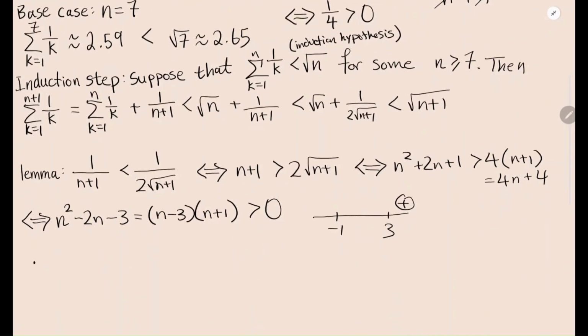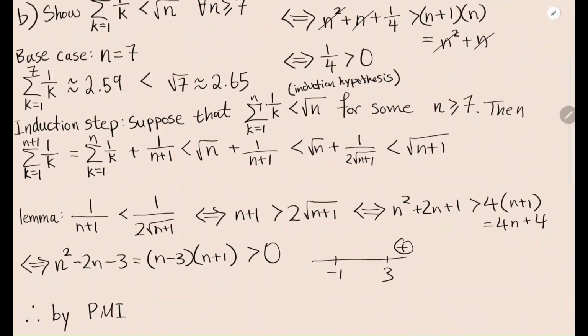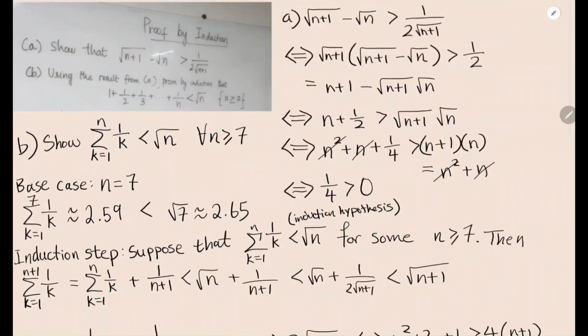So therefore, by the principle of mathematical induction, my statement, the sum from k equals 1 to n of 1 over k, is always going to be smaller than the square root of n for every natural number n greater than or equal to 7. And that is it. What a fascinating question to prove.